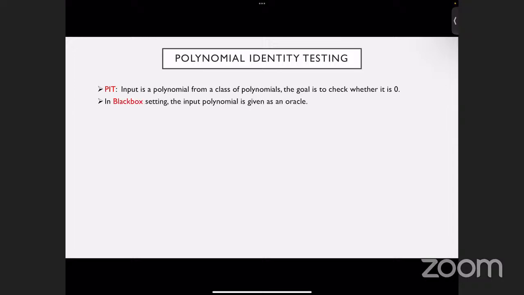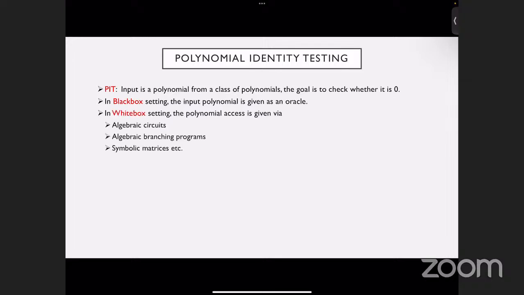The first is the black box setting, where the input polynomial is given by an oracle. The oracle takes as input a point and returns the evaluation of that polynomial at that point. In the white box setting, the polynomial might be given via some explicit representation like an algebraic circuit, algebraic branching program, or symbolic matrix.